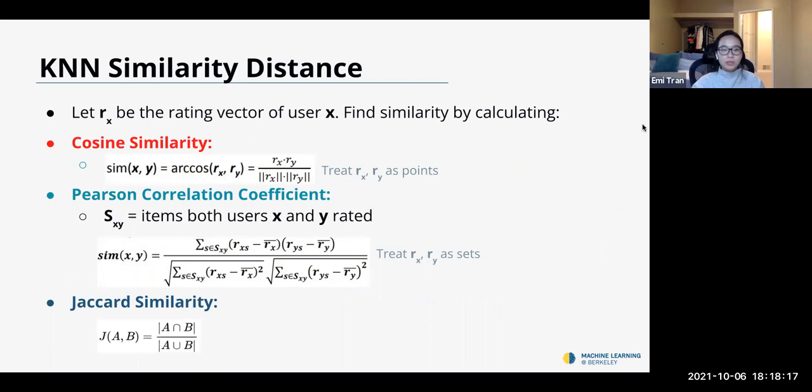There are a few ways, but the two most efficient are cosine similarity and Pearson correlation coefficient. Jaccard, I'm not going to use it, but it's surprisingly used in some of them. The most commonly used one is cosine similarity, and I recommend using it.